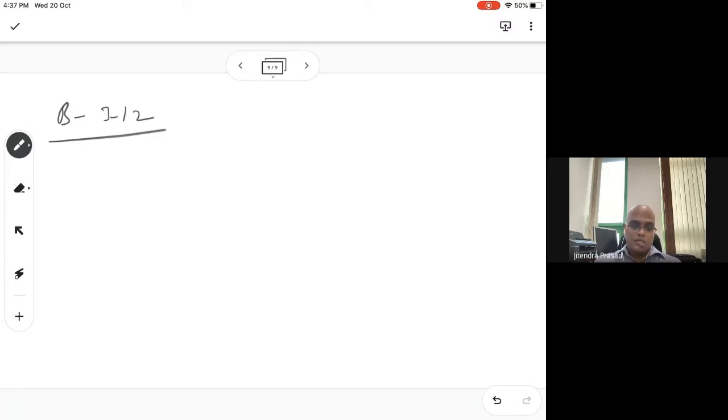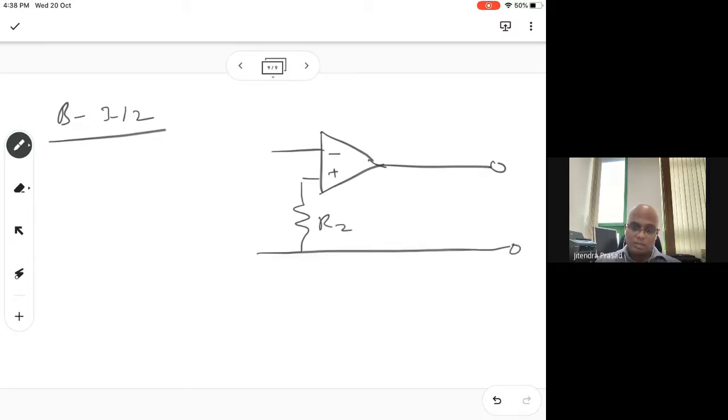Yeah. So what is the equation? The circuit here. So we have an op-amp. So we start with this. Have it like this, and then minus. We have plus here, like this. Then we have R2. It goes like that.